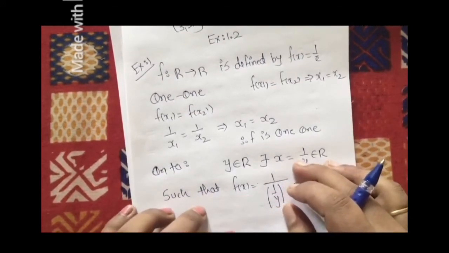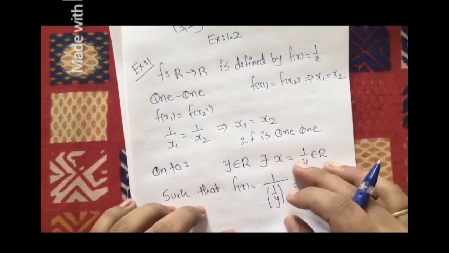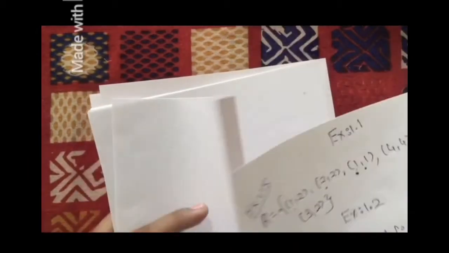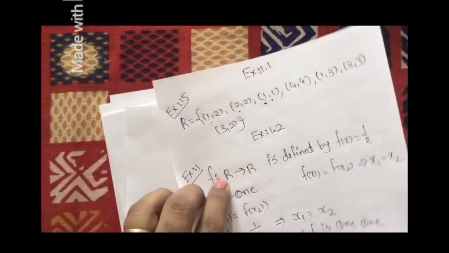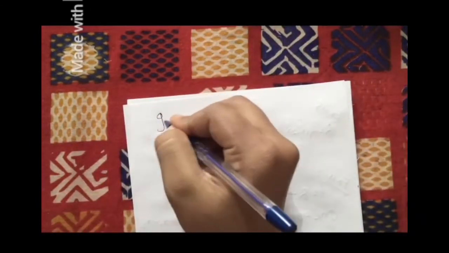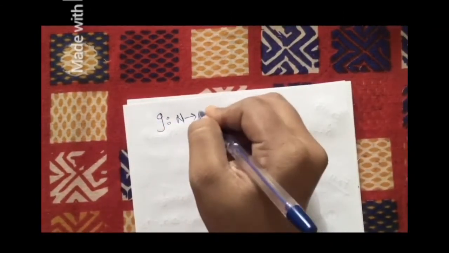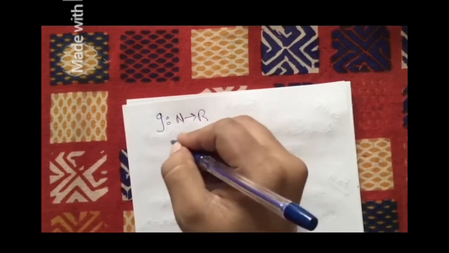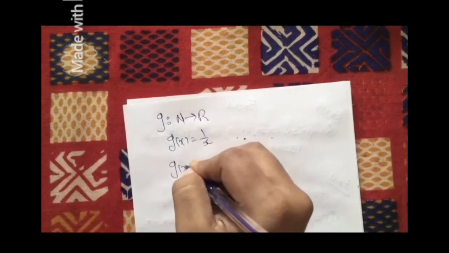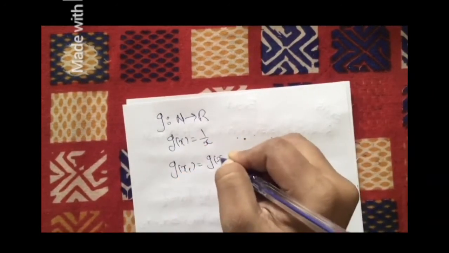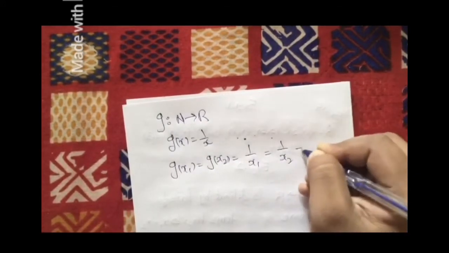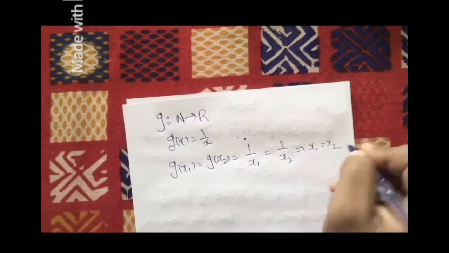Now next, we are to consider that if we change the domain, then the new function g is from, here it was R* to R*, and here we are changing it to N to R*. Now the new function g is from N to R*, therefore g(x) = 1/x. So g(x1) = g(x2) implies 1/x1 = 1/x2, which implies x1 = x2.